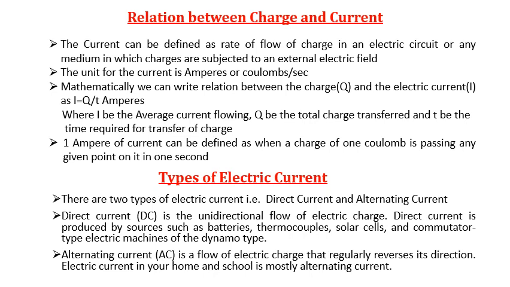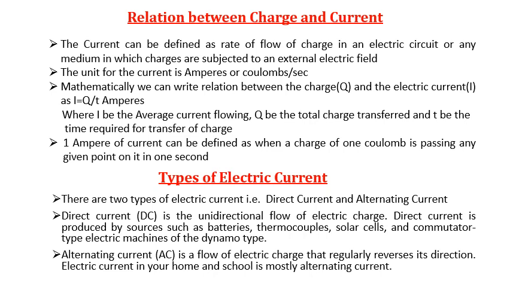Now, relation between charge and current. The current can be defined as the rate of flow of charge in an electric circuit or any medium in which charges are subjected to an external electric field. So obviously you know that the current can be defined in terms of the charges.